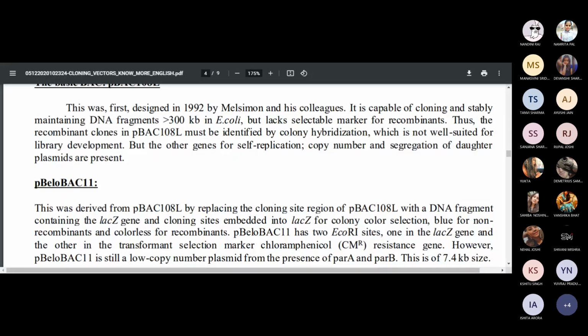So a new vector was designed, called pBeloBAC11. Manaswini, please read it.